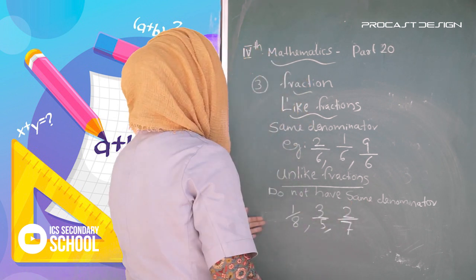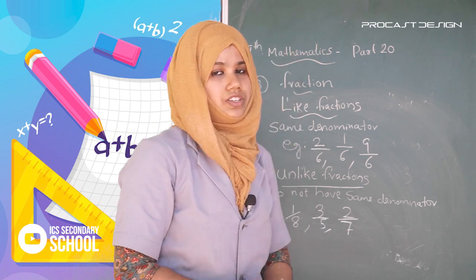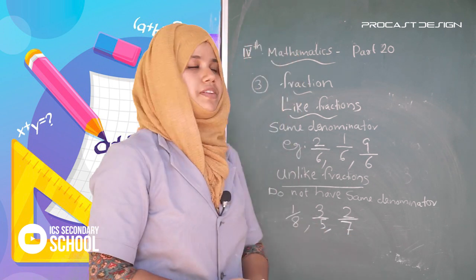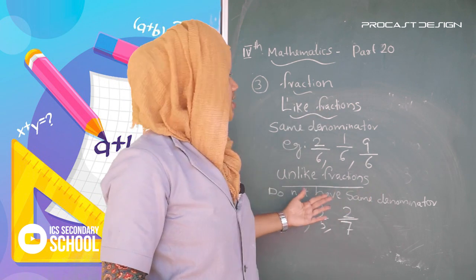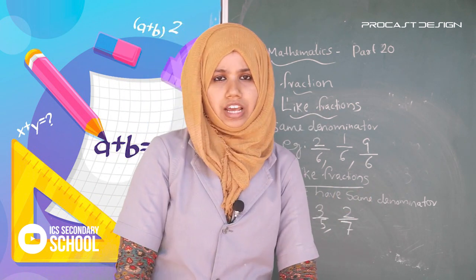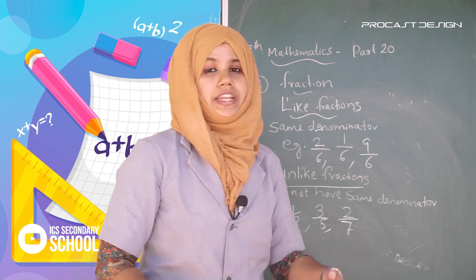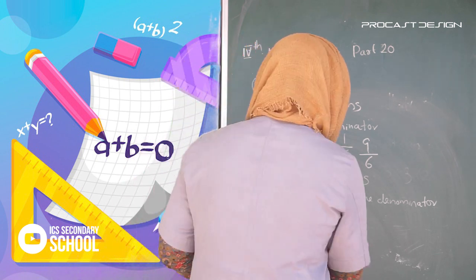Here the denominators of the 3 fractions are different. So like fractions have the same denominator. Unlike fractions do not have the same denominator; their denominators are different.